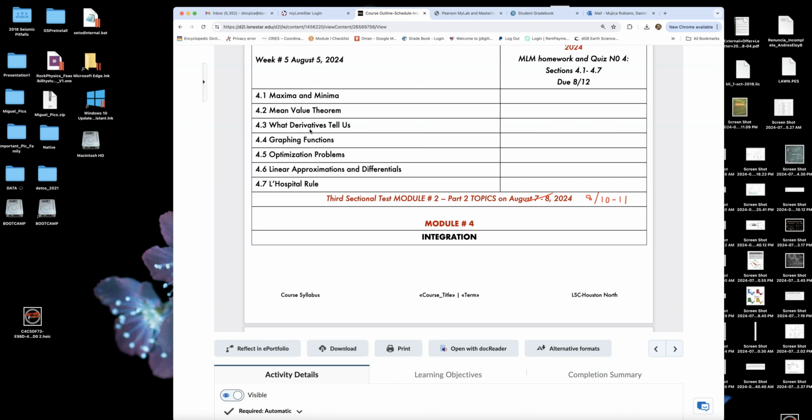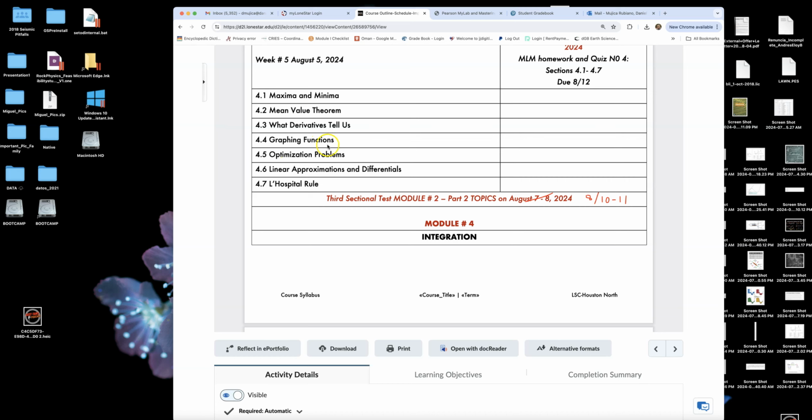Chapter number 4 is an application of chapter number 3. What we learned in chapter number 3 is now going to be used to find the maximum and minimum of a function, to discuss the mean value of a function within some particular interval.